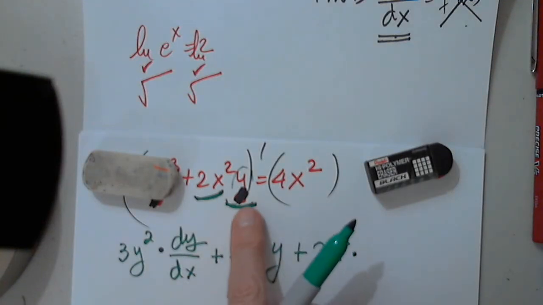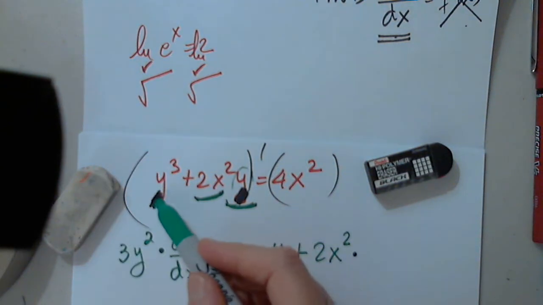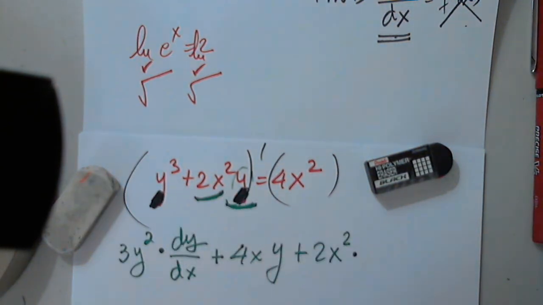That's why I put it underneath. That's why I emphasized with this sign. Y is not a variable. Y is a function. What is the derivative of y? Y prime.